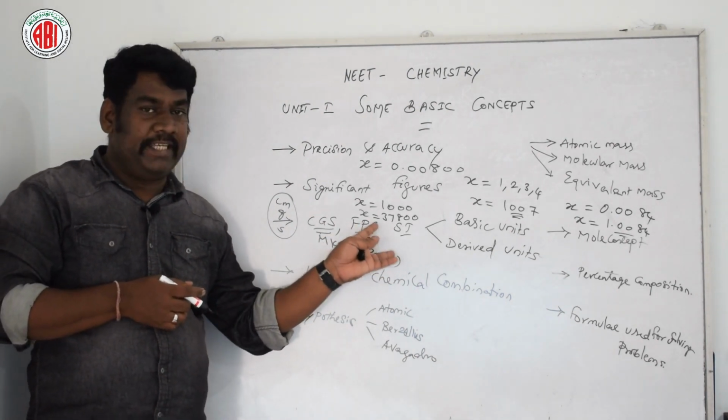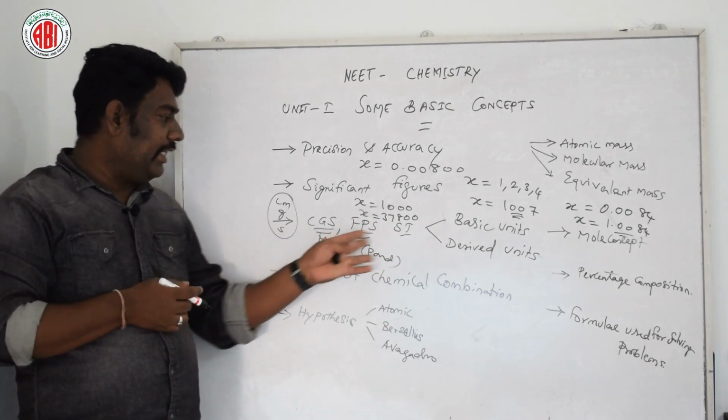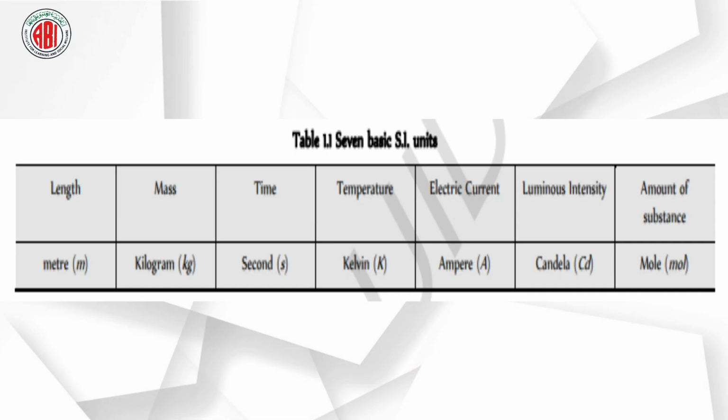This is about the FPS system. Then SI system. So these are the different categories of the basic unit systems that we are following. Let us see one by one the basic units and their symbols, followed by the derived units. First, there are 7 basic units based on the SI system of units.